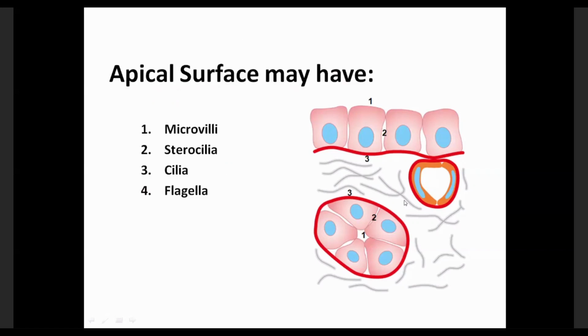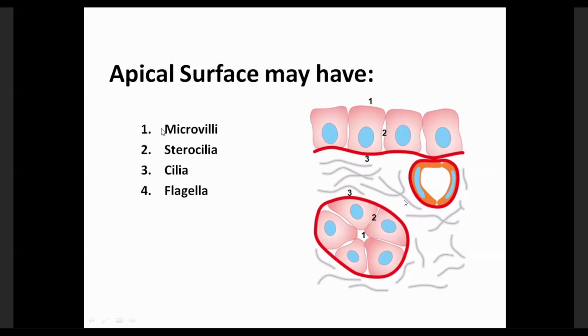And to meet their function, depending on the type of epithelial cells we have, some of the epithelial cells have the following types of apically located structural modifications. Some have microvilli, some others may have stereocilia, some others may have cilia, some others may have flagella.